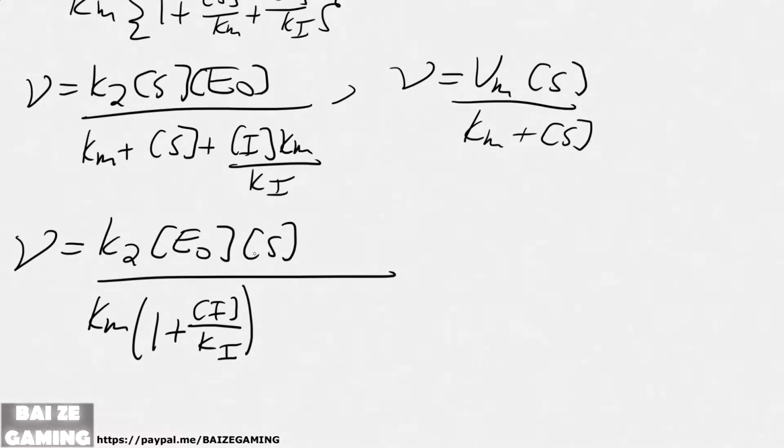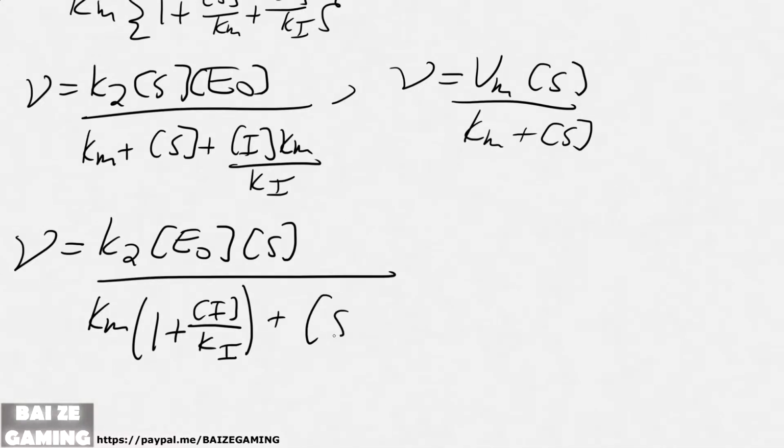So you'll see here, if we add a constant I and we add Ki as well to this, it's going to end up being more than what Km originally was. And since it's more than what it originally was, you can see that with competitive inhibition, the reaction rate will be lower than if the inhibitor wasn't present at all.